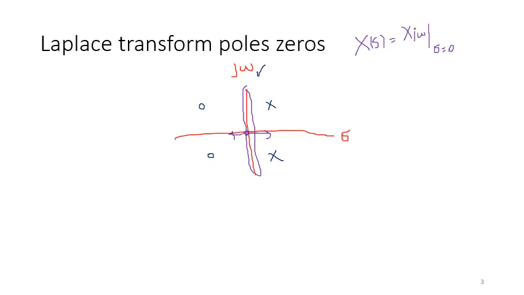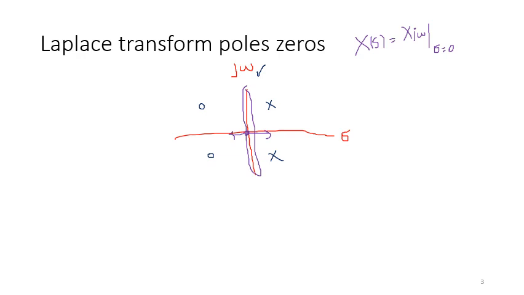So when sigma equals 0, that is real part equals 0, in that case the Laplace transform is basically equal to the Fourier transform, and this will happen only when the signals are absolutely integrable. This happens when the real part is 0.